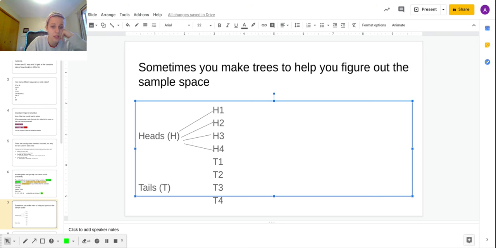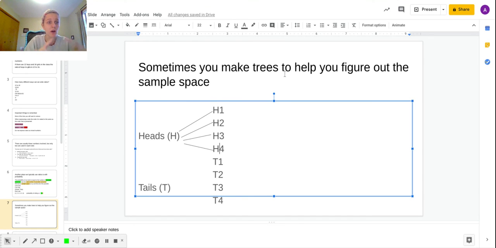Okay. So then we map those out. This is like I flipped heads, I got a 1. I flipped heads, got a 2. Flipped heads, got a 3. Flipped heads, got a 4. So you can make these little trees. And sometimes, depending on how many different moving parts you have, you might have a big, huge tree.